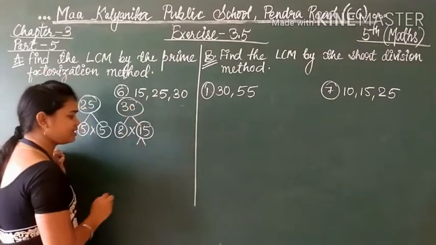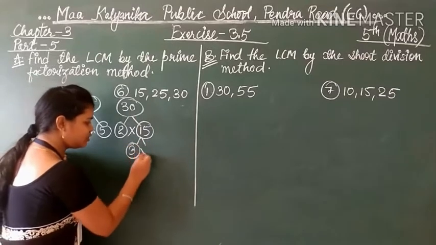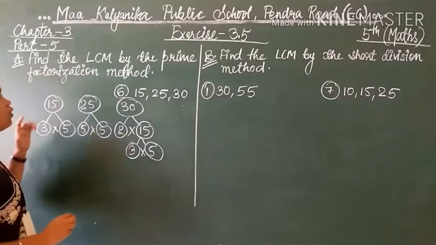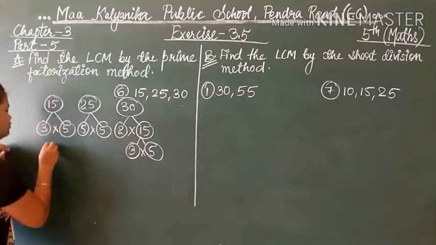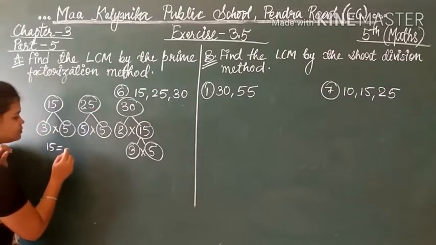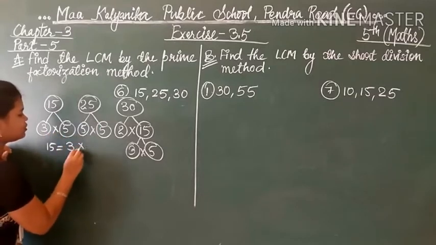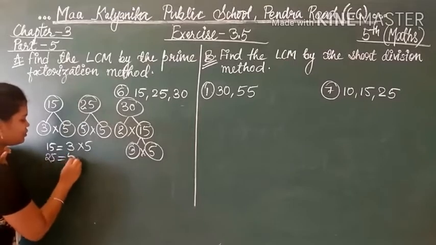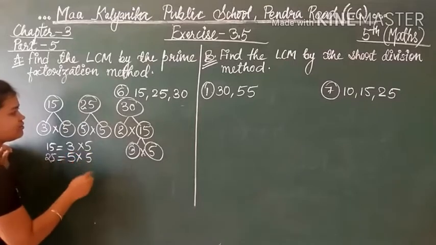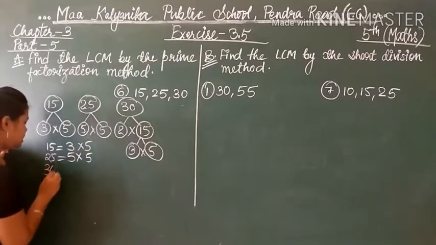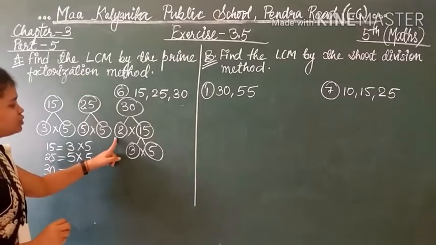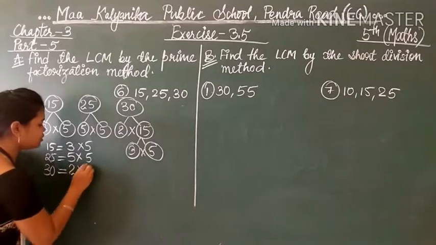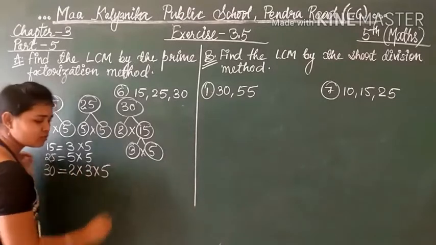Now 15 can be further divided. 3 5s are 15. So now what are the factors? 15 is equal to 3 into 5. 25 is equal to 5 into 5, and 30 is equal to 2 into 3 into 5.